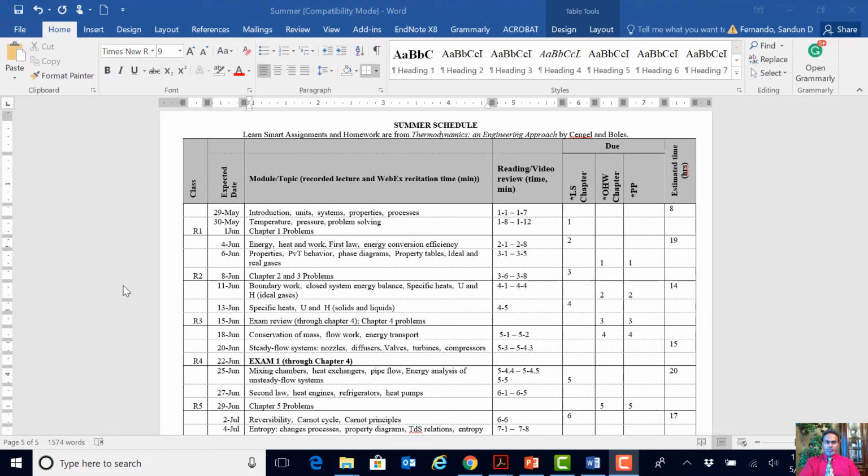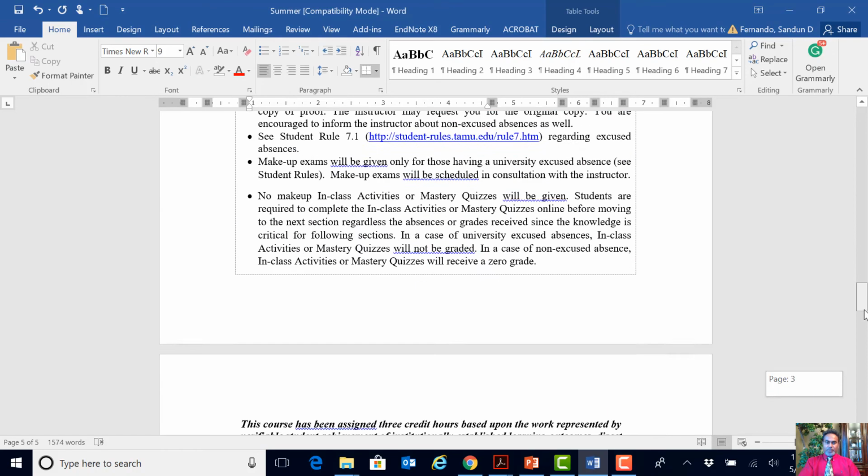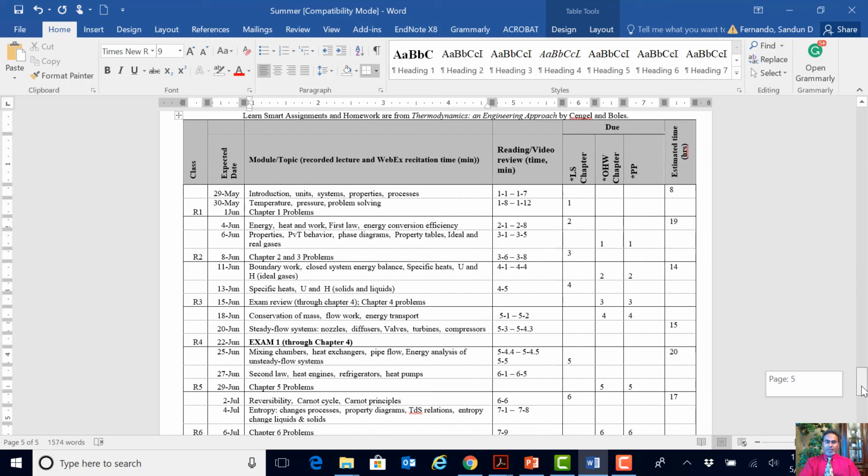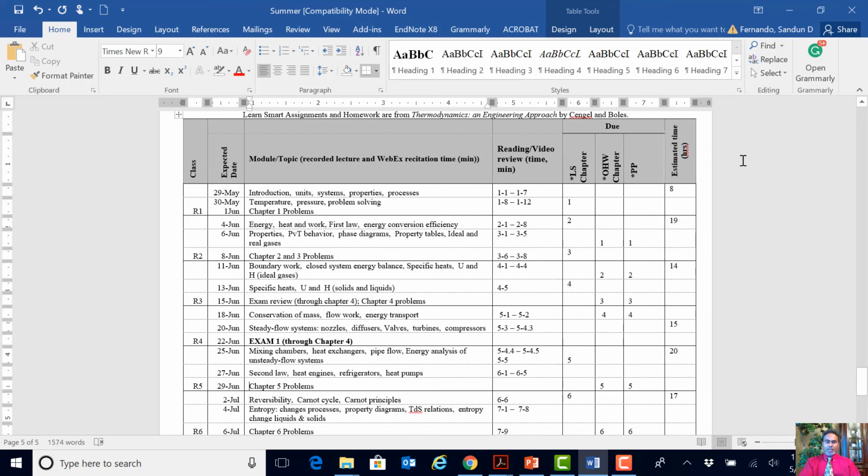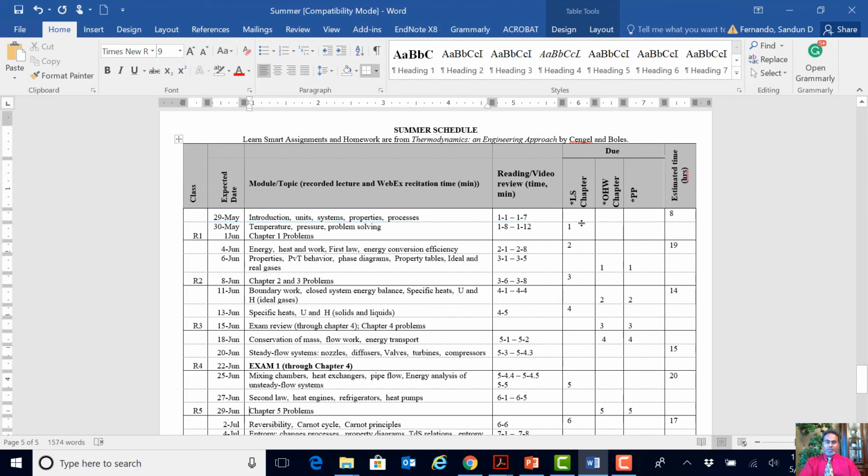Note that all the deadlines for the homework and other assignments, like the Learn Smart chapters, online homework, and practice problems, are given in the schedule within the syllabus. Whenever you want to figure out a deadline for a particular assignment, go to the syllabus. How to read this is pretty simple.